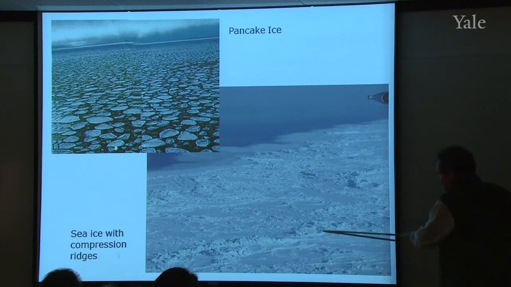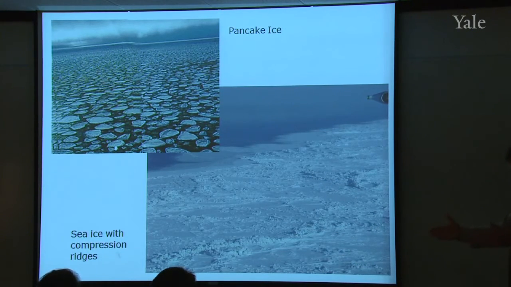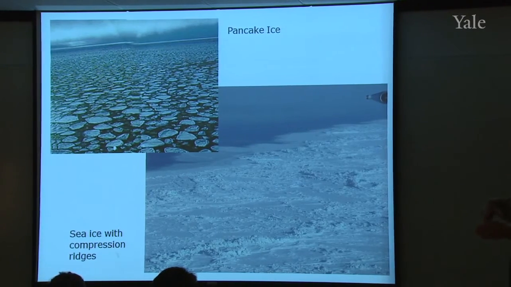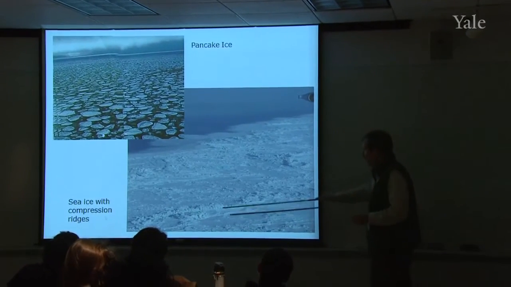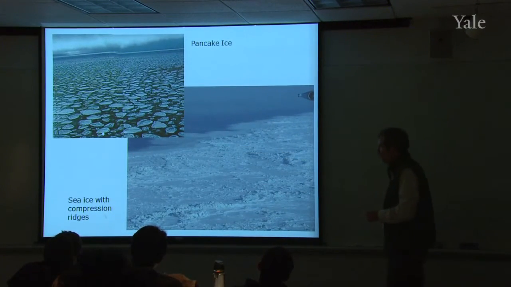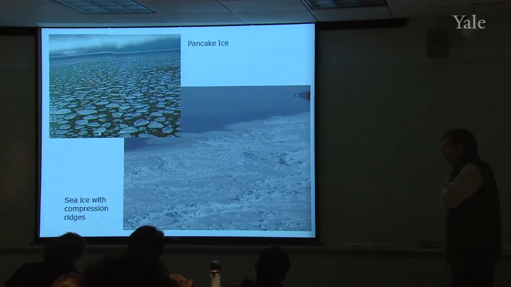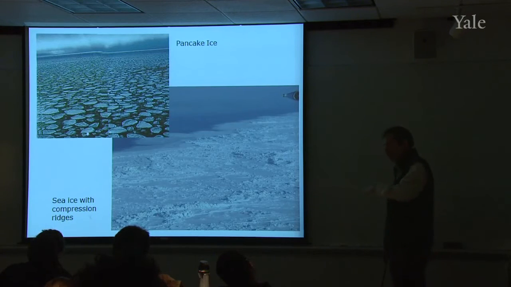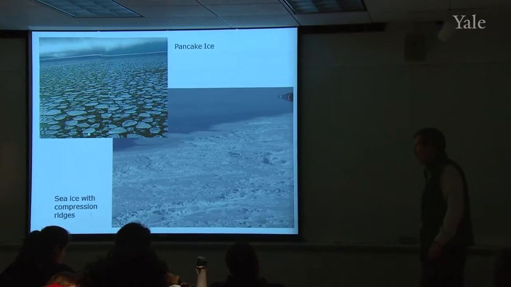In other words, when you look at these features like this or that, that's an area where the wind has blown the sea ice together and it has crumpled along a line. And so if you're traveling over sea ice, as the early explorers were trying to do, travel over the sea ice to reach the North Pole, it's not like some skating rink where you can just ski or skate across the sea ice.